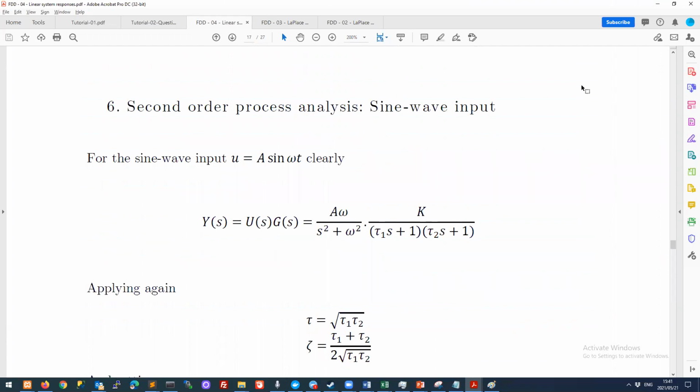Okay, now if we apply a sine wave, so again, we are applying a sine wave with a frequency omega and an amplitude of A. And if we do that, if we translate the time version to the Laplace version, then it's A omega over s squared plus omega squared, and then your process is here.